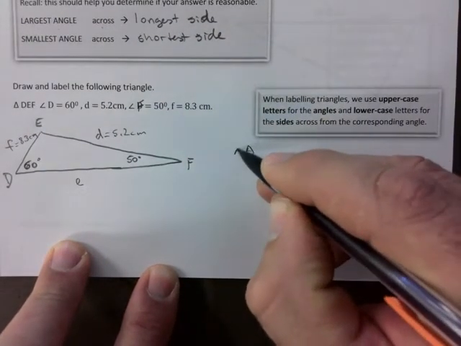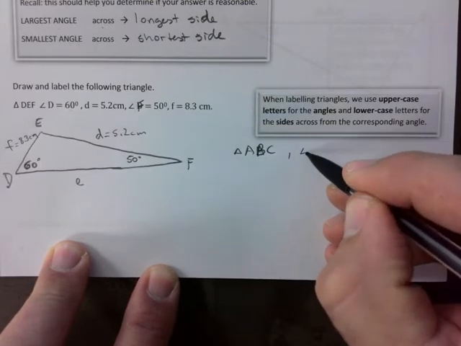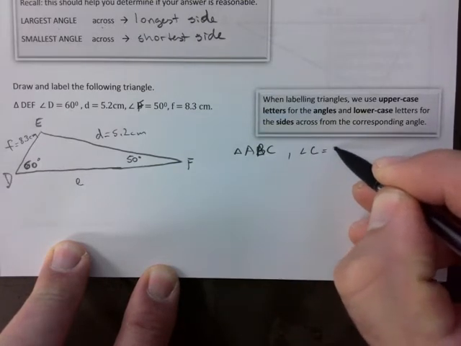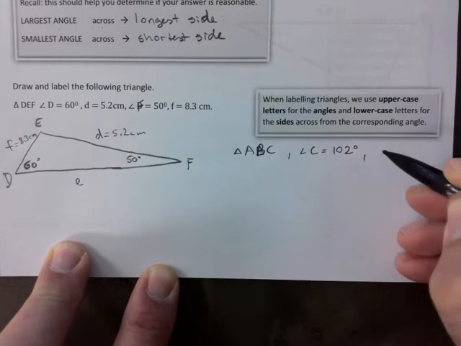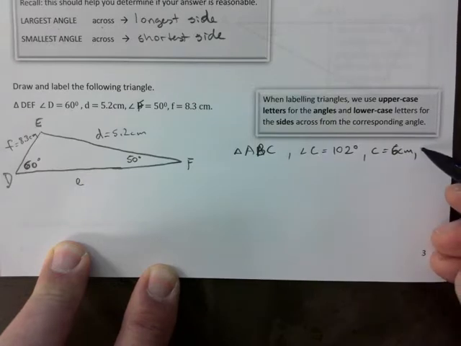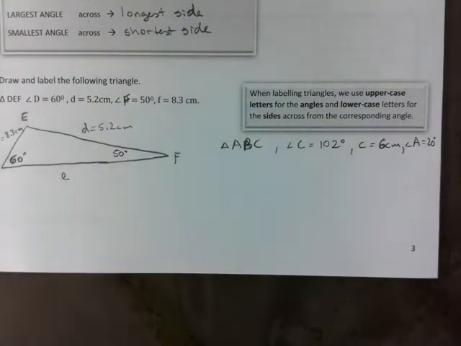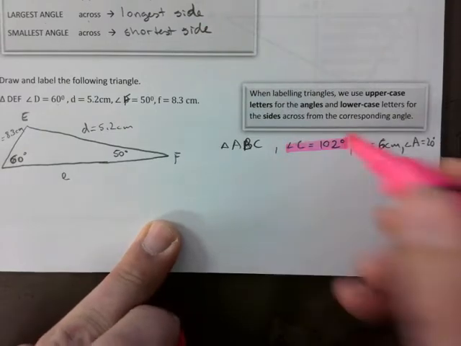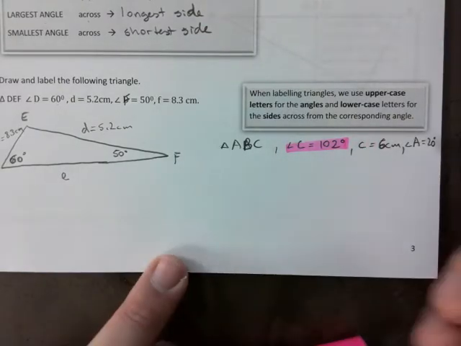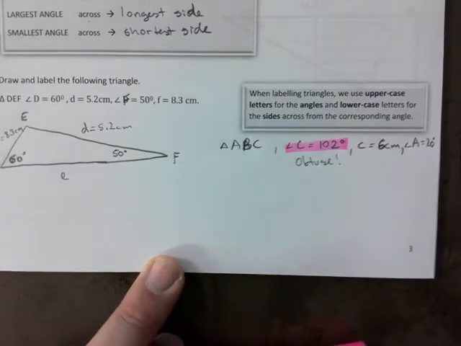Let's do this. Triangle ABC. Angle C is 102 degrees. Side c is 6 centimeters. Angle A is 20 degrees. So if I were to give you something like this, you should realize, okay, that's an obtuse angle, right?